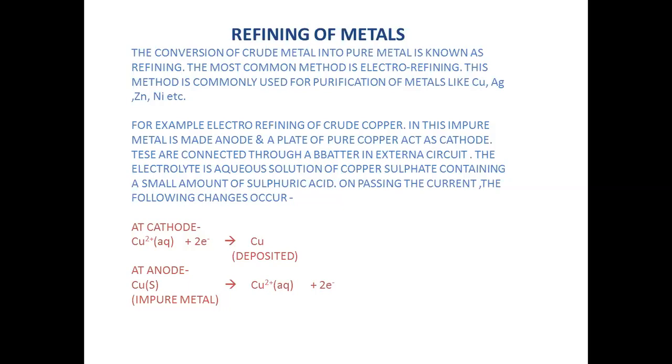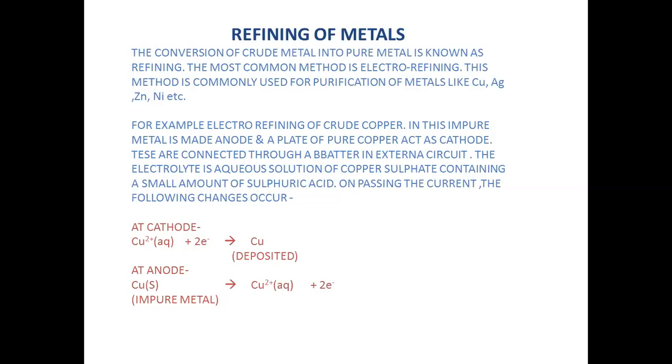Purification of metal means the metals are not in pure form and are associated with certain impurities, so that is called crude metal. The refining or purification means the conversion of crude metal into pure metal, and the most common method is electrorefining. This method is commonly used for the purification of metals like copper, silver, zinc, and nickel.